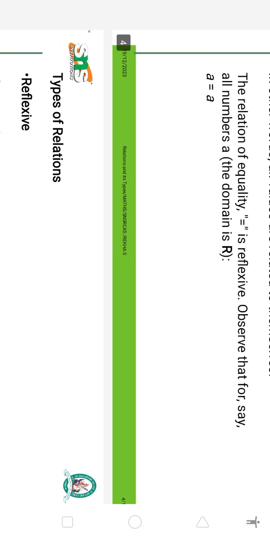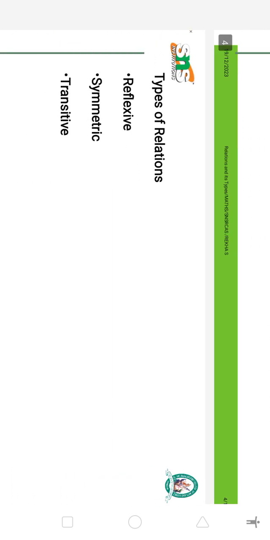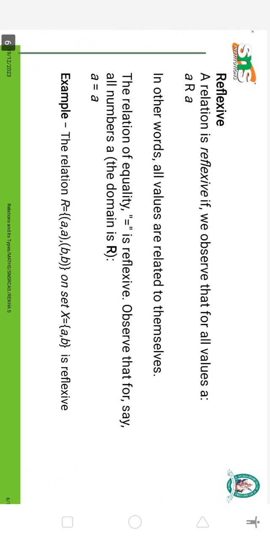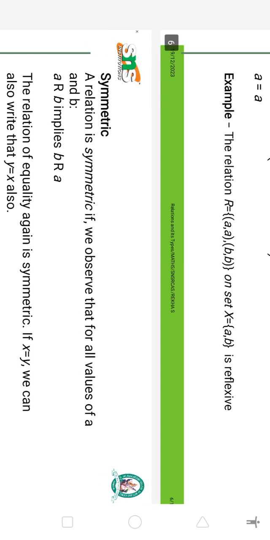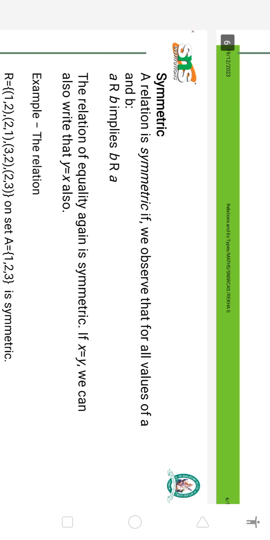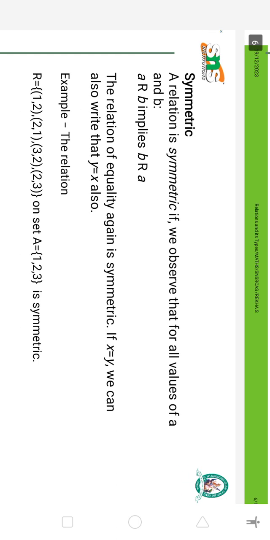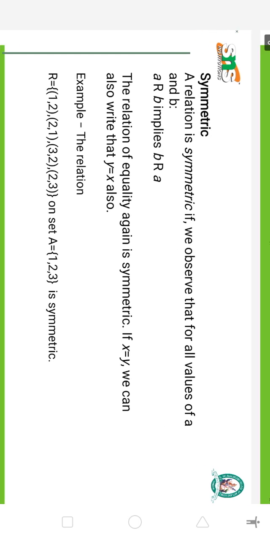A symmetric relation is nothing but A related to B, then B related to A. Similarly, it is represented as x related to y, then y related to x. Hence we can say it is a symmetric relation.